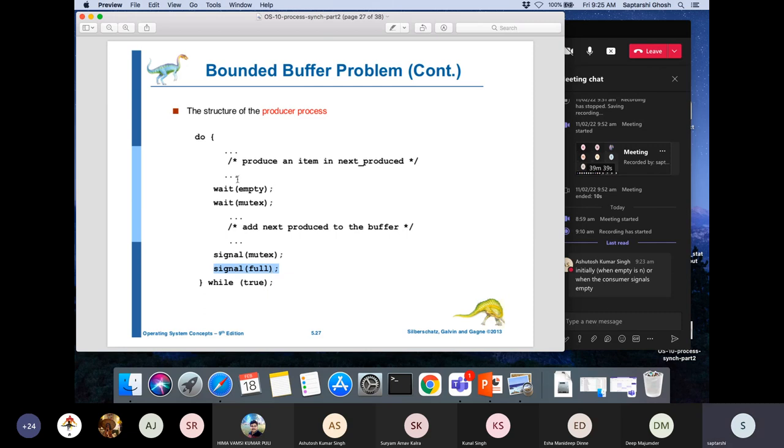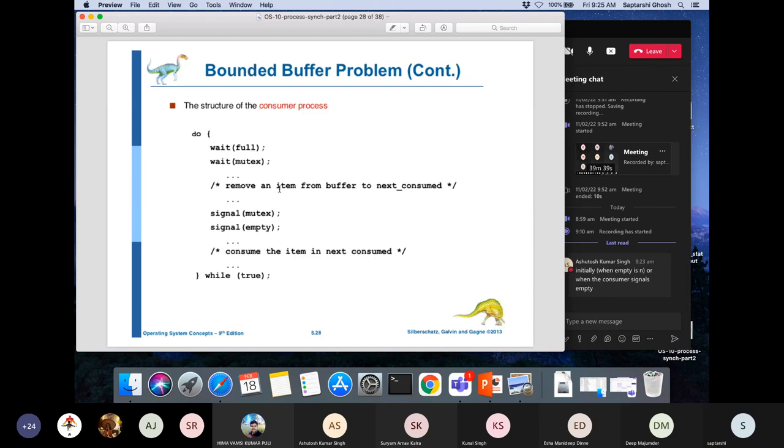Conversely, the producer is waiting on empty, and in the consumer process, this is signaling empty. So this is the synchronization we want: the producer tells the consumer that one more item has been added by increasing full, and the consumer tells the producer that one more item has been removed by signaling empty.